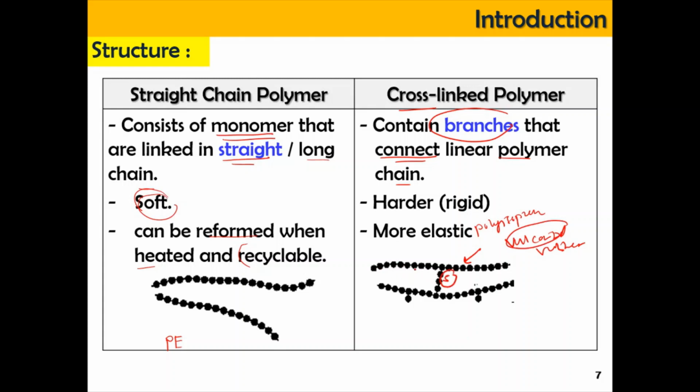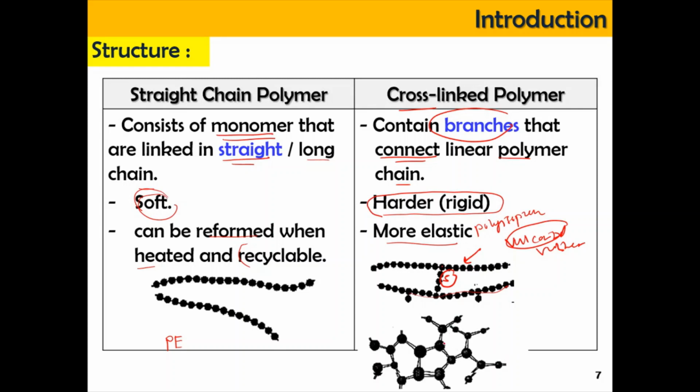The polyisoprene, which is a linear chain, can be interconnected with one another of the straight chains using sulfur. This produces a cross-linked polymer which appears to be harder and more rigid as well as more elastic. And here is the minor cross-linked polymer.